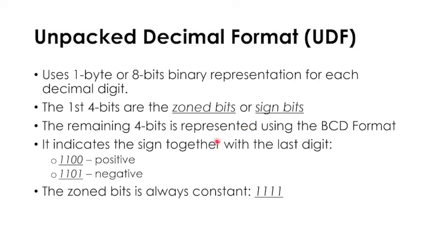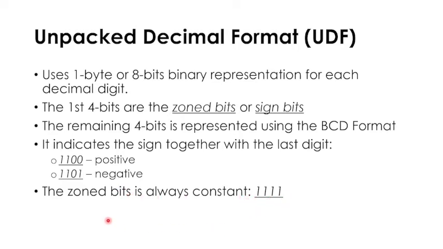The sign is placed together with the last digit. For positive numbers, the sign bit will be 1100, and for negative numbers, the sign bit will be 1101. The zone bits are always constant, and the value for zone bits is 1111.